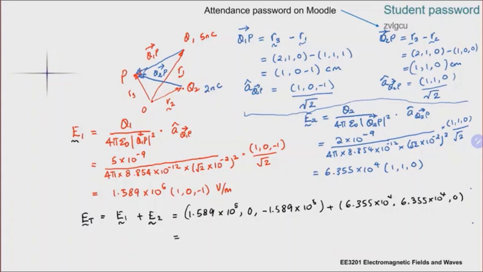Adding this will give us 2.225 times 10 to the 5, 6.355 times 10 to the 4, minus 1.589 times 10 to the 5, per meter.